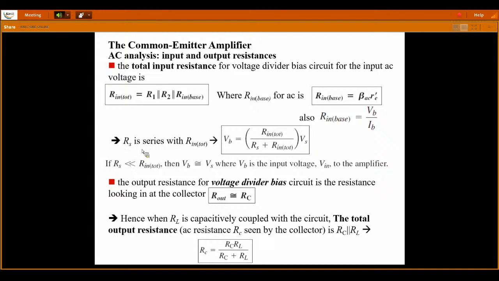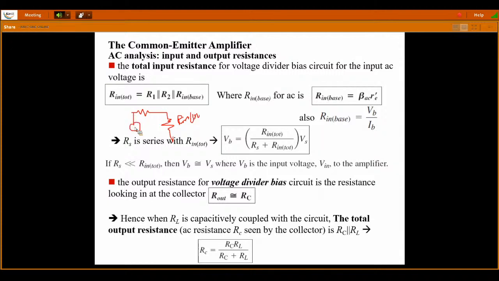If I include the series resistance RS, the source resistance RS is in series with the total input resistance, hence the base voltage. The total input resistance is far larger than the source resistance. This is your RS and this is your Rin total, the total input resistance of the CE amplifier.